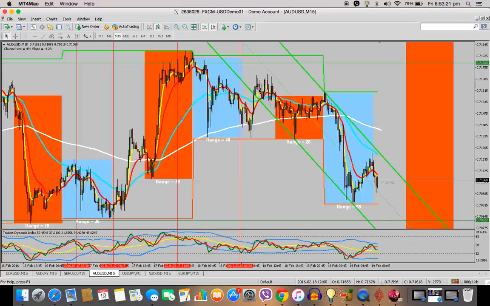Look at this M. This is partly what formed during the London session. Here's a bigger M. Nothing major happened during the New York session. The range was only about 26 pips. That's really nothing for the New York session. So what did the market makers do?